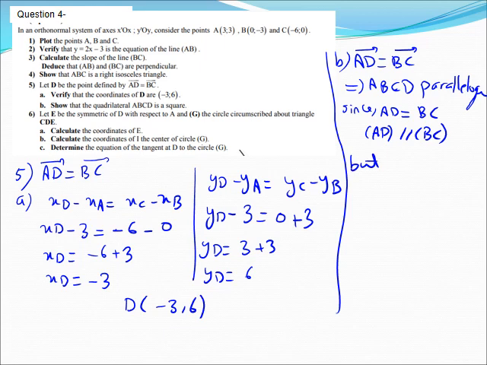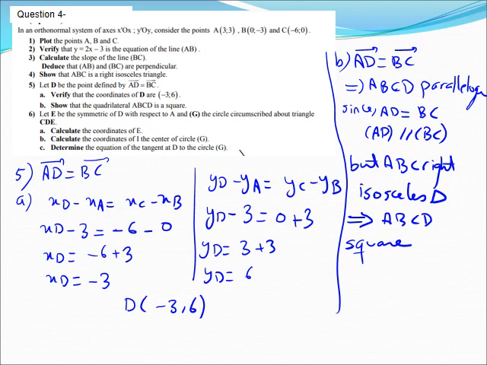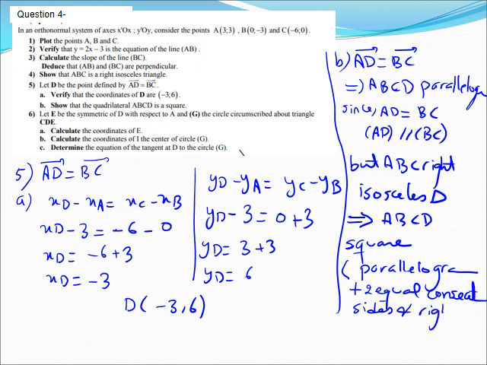But ABC is a right isosceles triangle, then we can say that ABCD is a square, using a parallelogram plus two equal consecutive sides and a right angle.